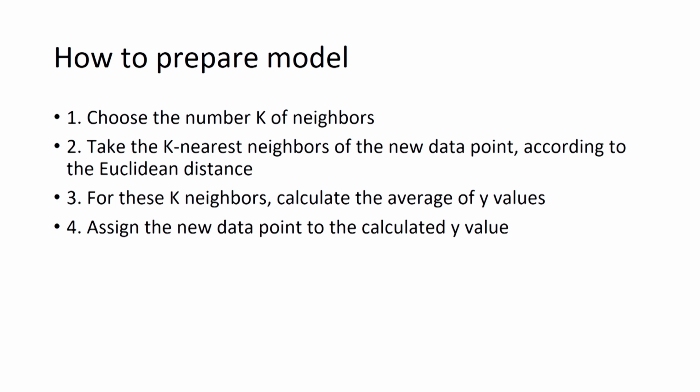Then we find these k neighbors and calculate the average of response variables of these k nearest neighbors, and then we assign the new data point this calculated average of y values. In this way KNN can be used for regression purposes.